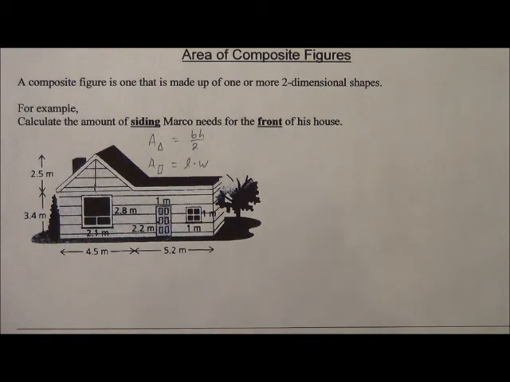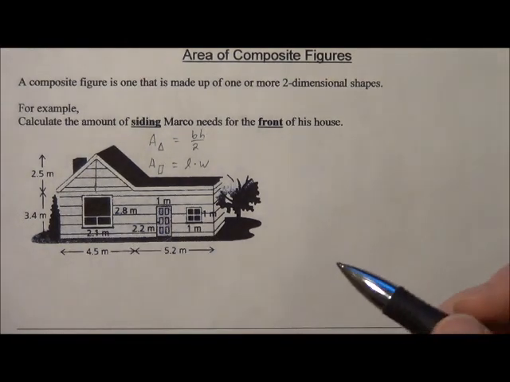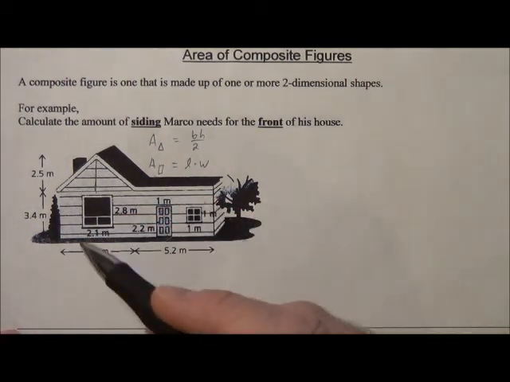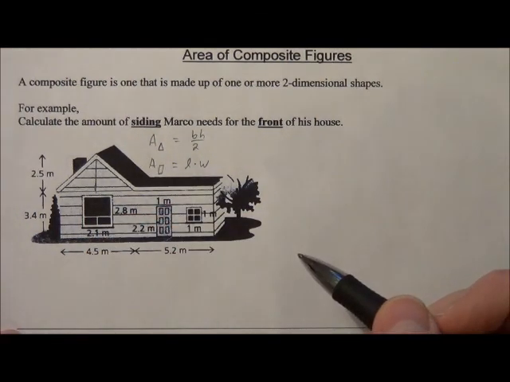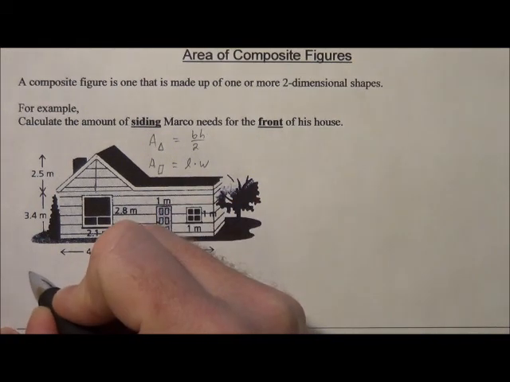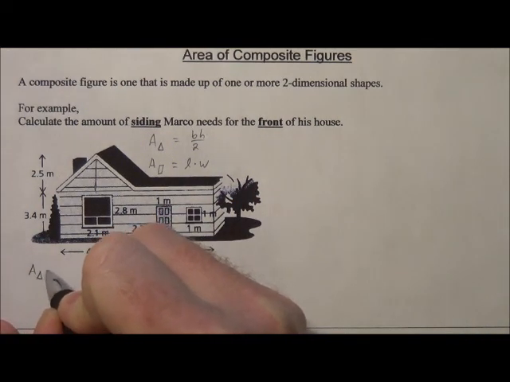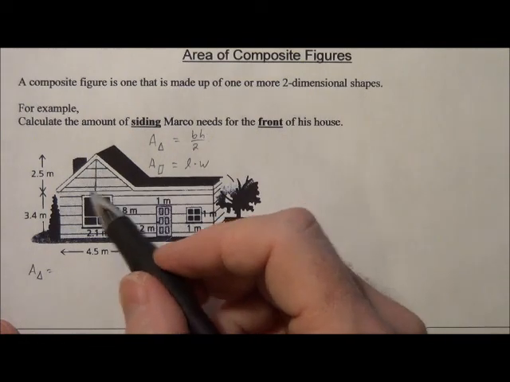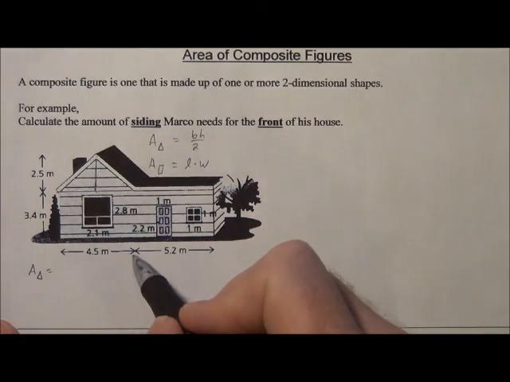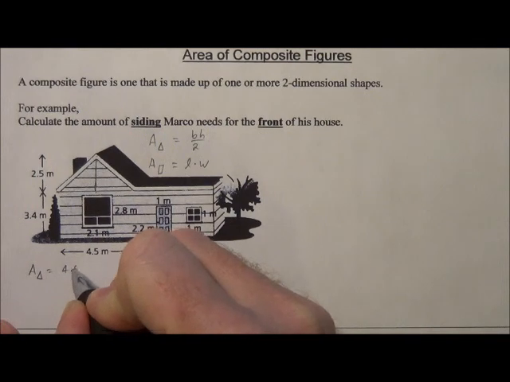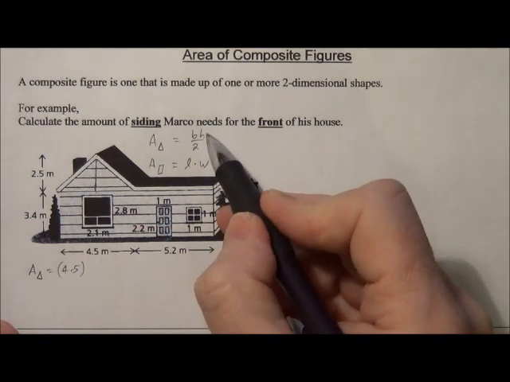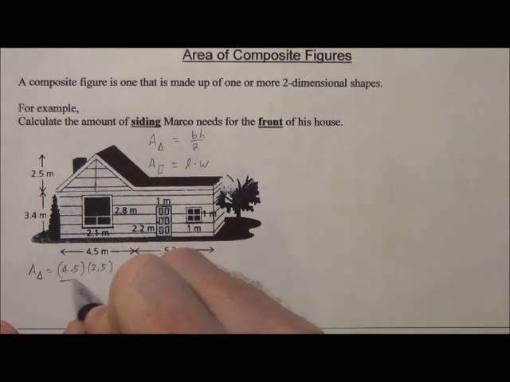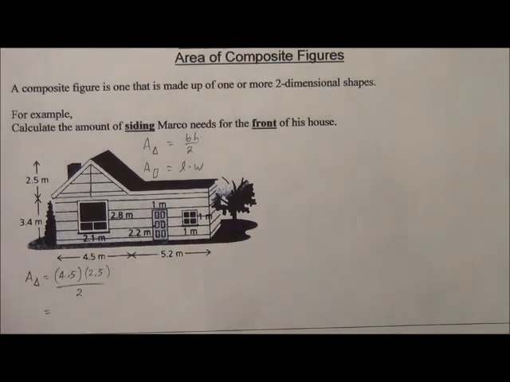Okay, now that you've done that, I'm just going to go through this quickly here and find what that total area is, the siding that Marco needs here. So I'm going to start off with the triangle. So the area formula of the triangle we know is base times height divided by 2, and the base is going to be this distance here, so that's 4.5 meters, and the height is 2.5 meters, and we know that's divided by 2.